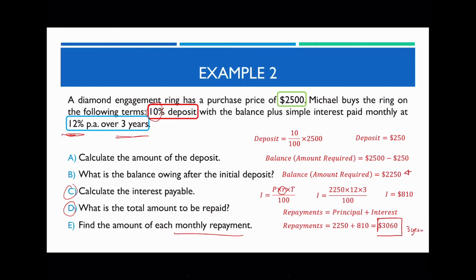So in order to find out how much you paid per month so that you could pay this amount off, you just need to divide it by 36, because there are 12 months in a year, and you're paying this off over 3 years. So that's why I went 36 in this case. And if you divide it by 36, then you're actually paying $85 per month. And if you do this for 3 years, then you're actually paying off this amount over here.